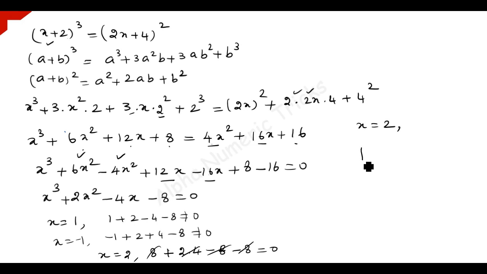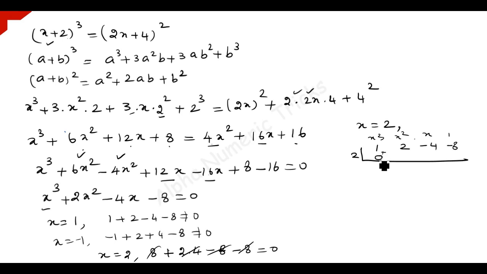So here using synthetic division we find the other roots. Here you have to write the x cube term, x squared term, x term, and constant term. So here 1 and 2, the x squared term is 2, the coefficient of x is minus 4, and the constant here is minus 8. You have to start with 0, and we already found x is equal to 2 is one root.